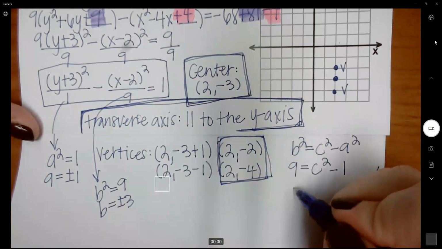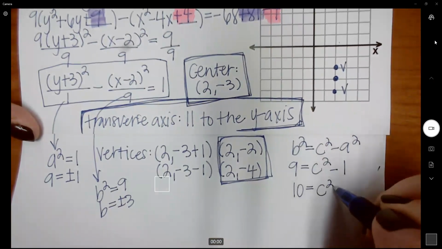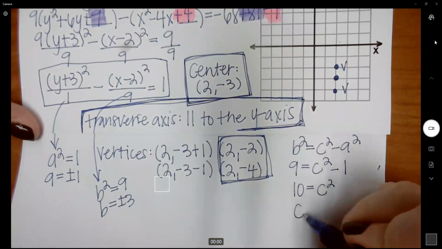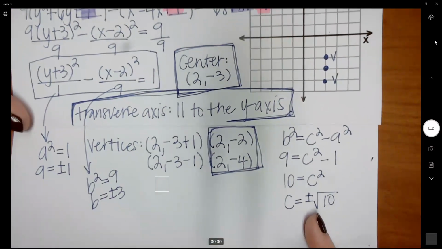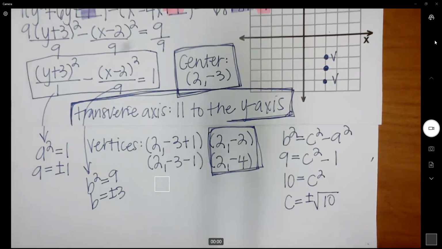Add your 1 over and we get 10 equals C squared. So C equals plus or minus square root 10, which can't be simplified because it's only 2 and 5. And the square root of 10 is about 3 point something, 3.2.